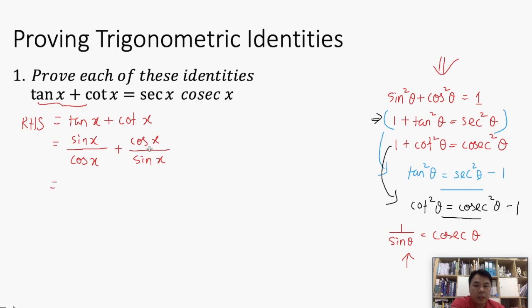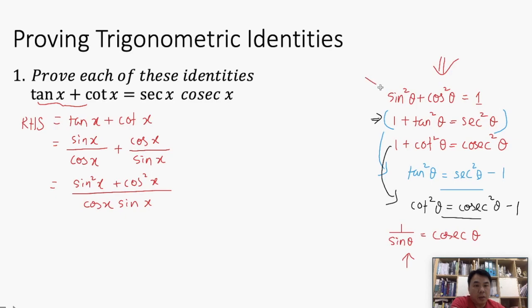Now these are partial fractions, so I'm going to join them together. Once you join them, you will end up with sine square x plus cos square x, in this case, divided by cos x sine x.